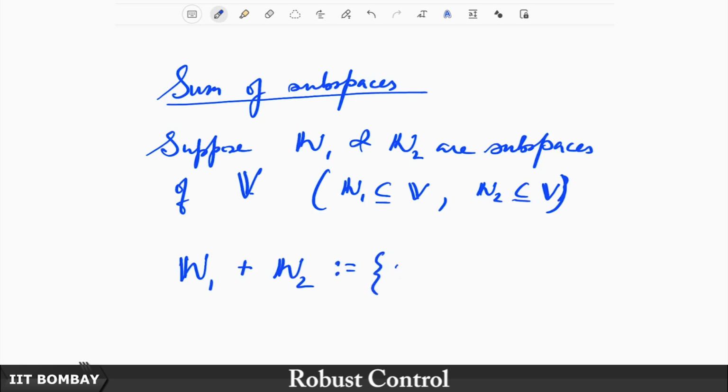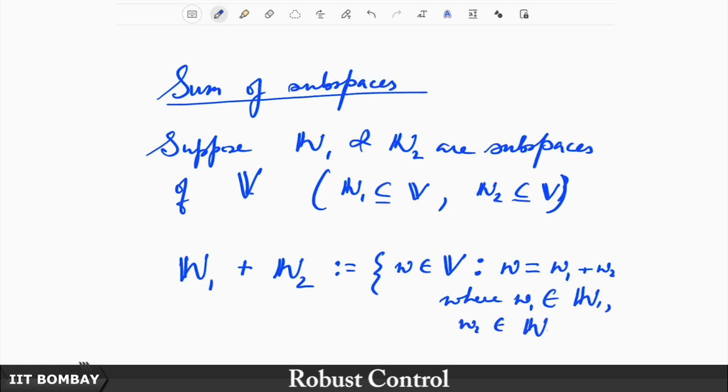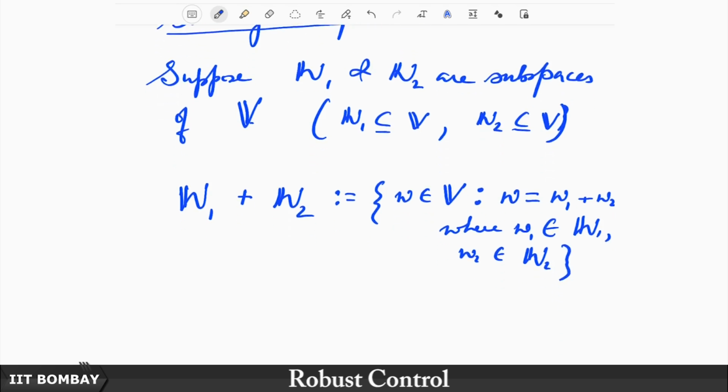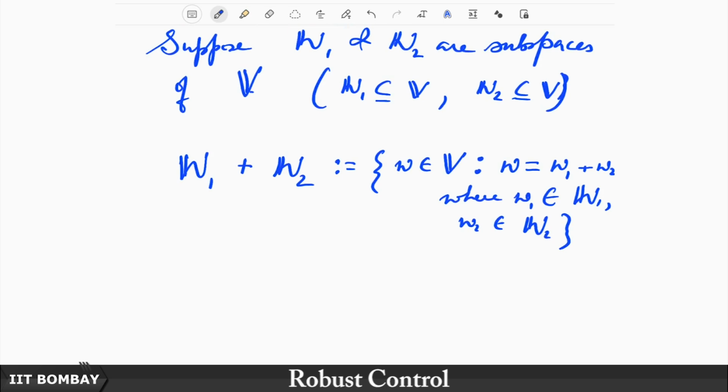It is a collection of all vectors W belonging to the parent space V such that W can be expressed as the sum of two vectors w1 and w2, where w1 comes from the vector space big W1 and w2 comes from the vector space big W2, which are in turn subspaces of V. So this is a collection of all such vectors which can be expressed as the sum of two vectors, one of which comes from W1, the other comes from W2, right.